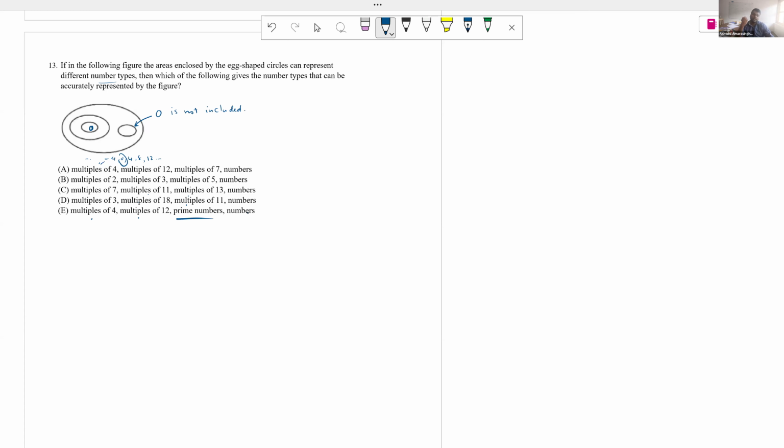So it would be the only number system that doesn't have 0 in it, as a small island by itself, would be prime numbers. So just that gives you the hint that this should be prime numbers, and none of these are going to be multiples. Therefore, the correct answer is multiples of 4, multiples of 12, prime numbers and numbers.